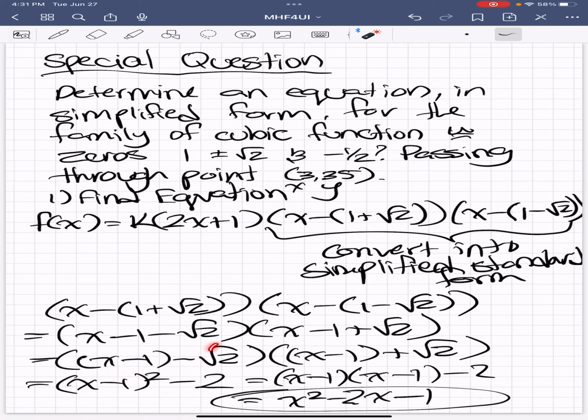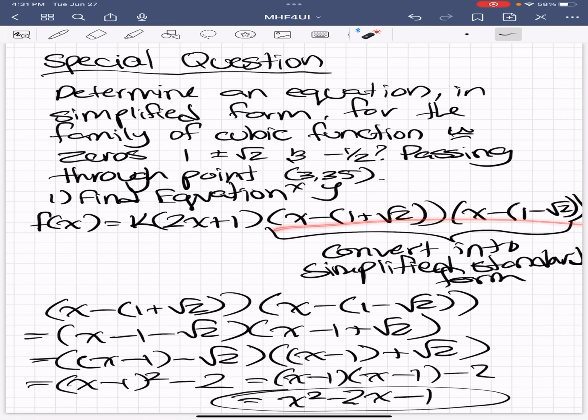And then we get rid of this radical sign, or the square root sign, and we go minus the number under the square root. In this case, it's 2, so minus 2. And then you expand out and you get the simplified standard form of the equation.